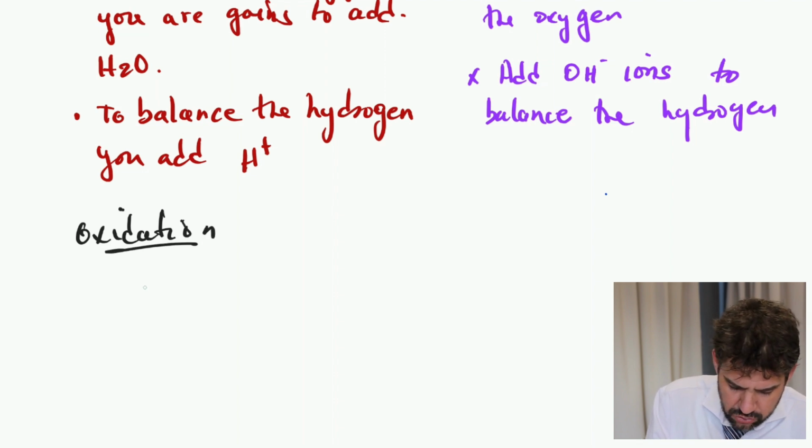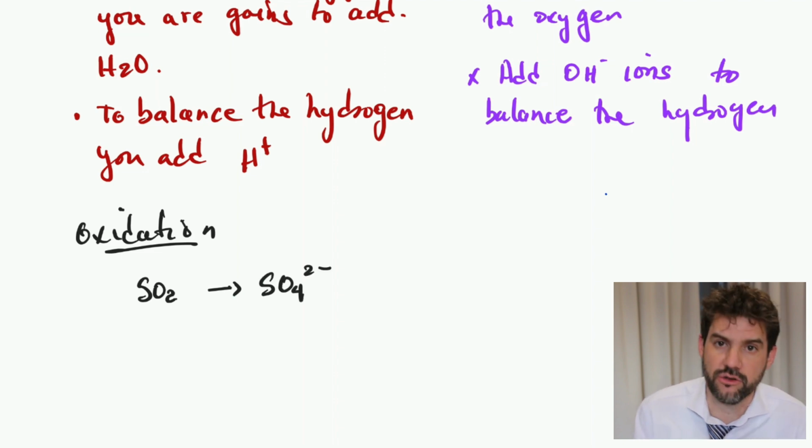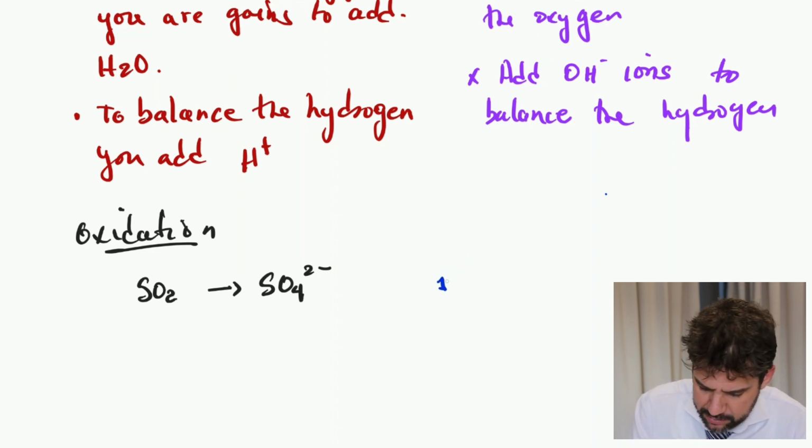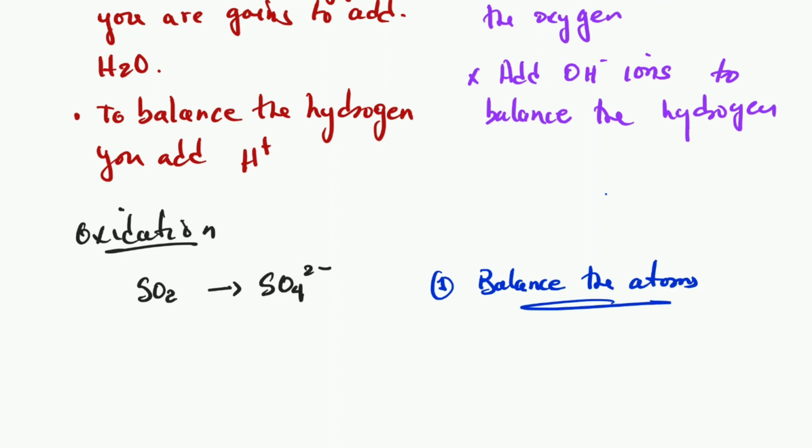Oxidation is going to be SO2 going to SO4 2 minus. Step one is still the same as before. We have to balance the atoms.